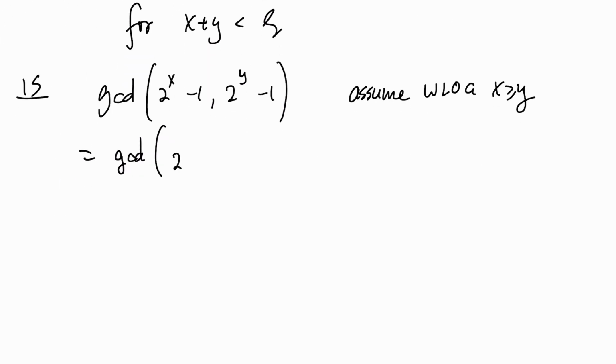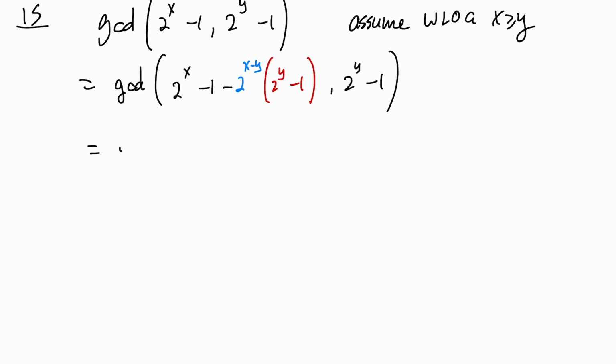And in that case, we would have 2 to the x minus 1 minus, we can minus any multiple of 2 to the y minus 1, and that GCD would stay the same. So we multiply by this multiple. And this multiple will always be an integer of 2 to the y minus 1. And the second entry of the GCD stays the same.